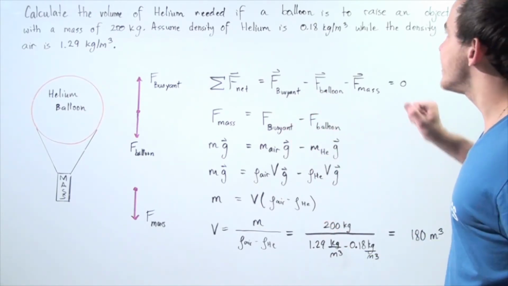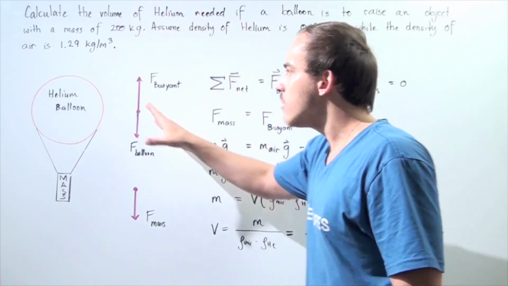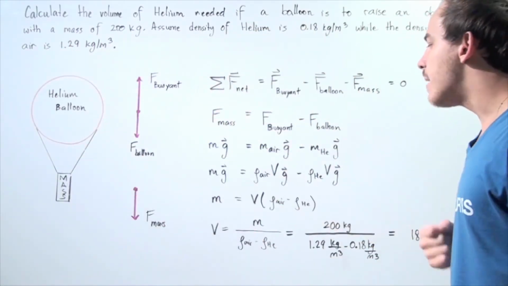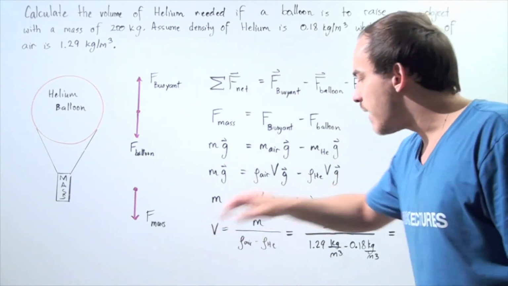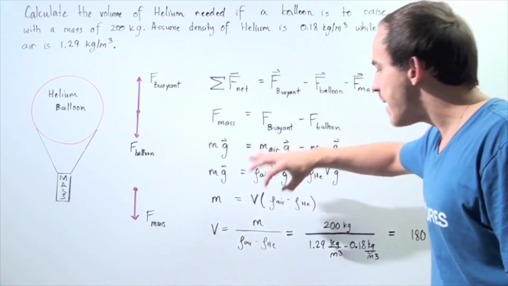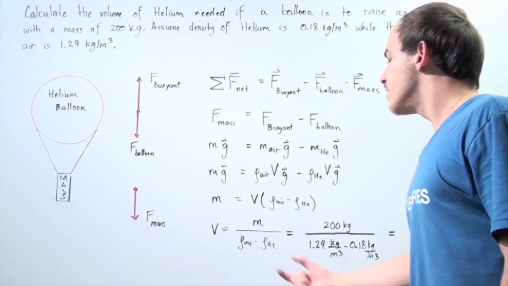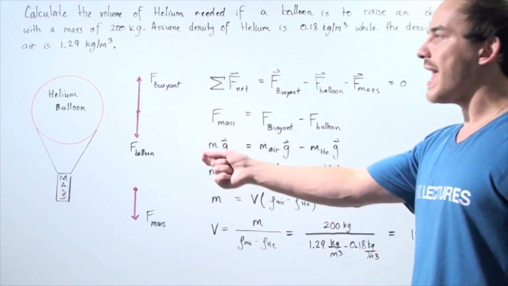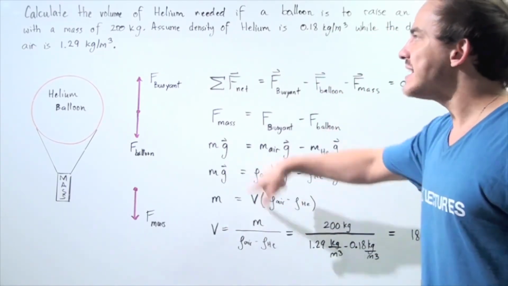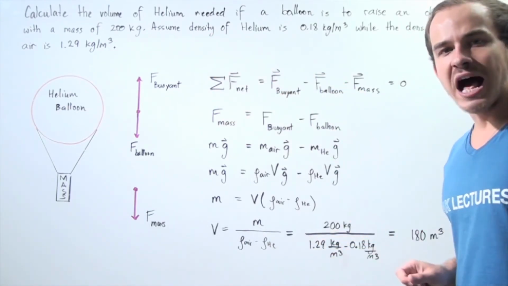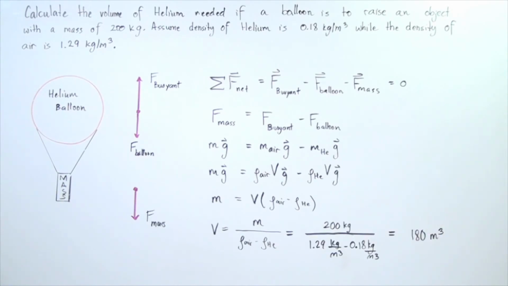And since we want to calculate the volume of this balloon, the volume of helium needed, we simply solve for volume, and the volume is equal to the mass of our load, this mass divided by the difference in the densities of the air and the helium. So mass is 200 kilograms, divide that by 1.29 minus 0.18.